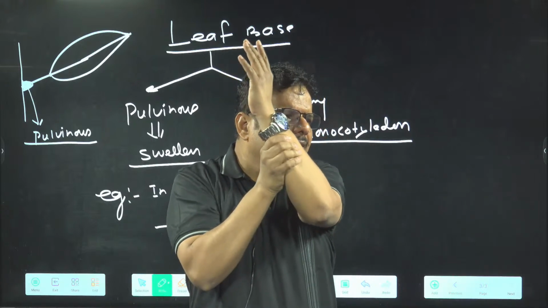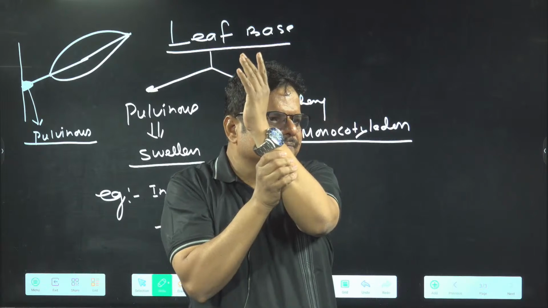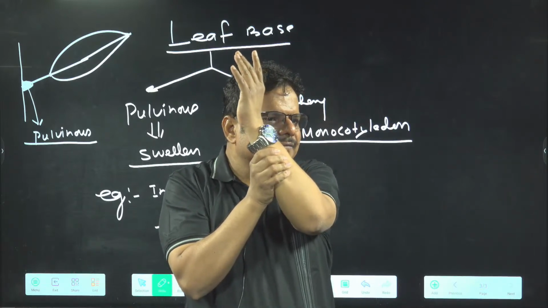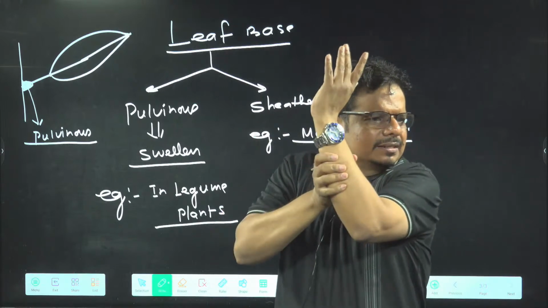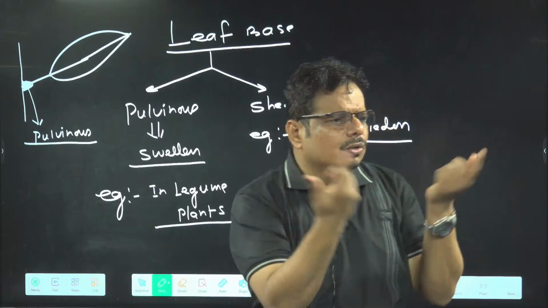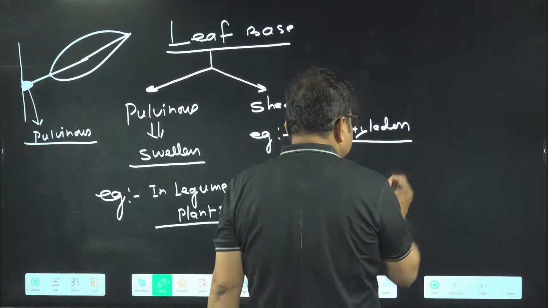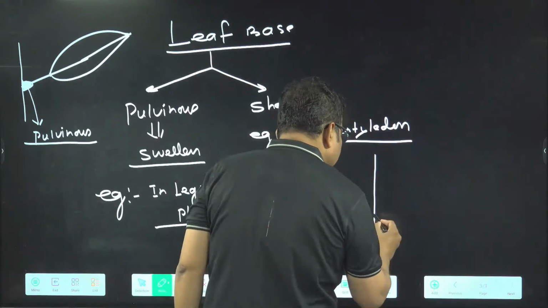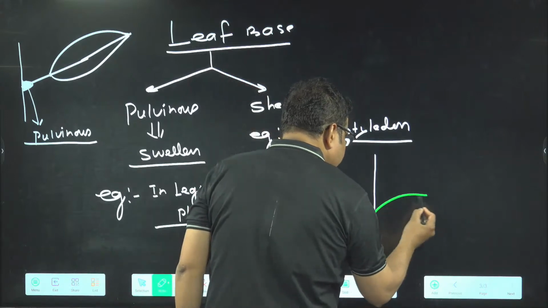Here it is covering completely or wholly. Tell me. This is the leaf base, sheathing leaf base, it is a stem, it is covering partially. When it covers all around, it is total. You are getting the idea? So if you talk about a sheathing leaf base, how it will appear, have a look here.